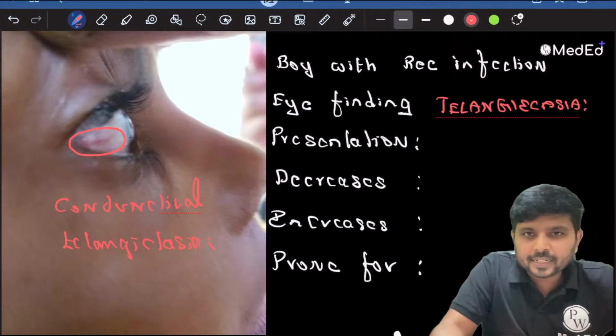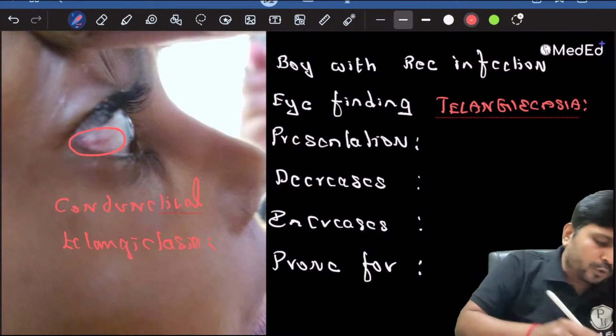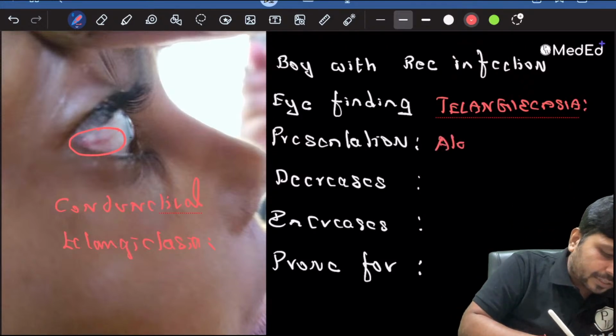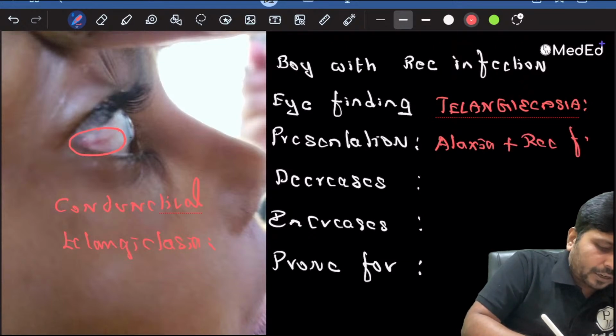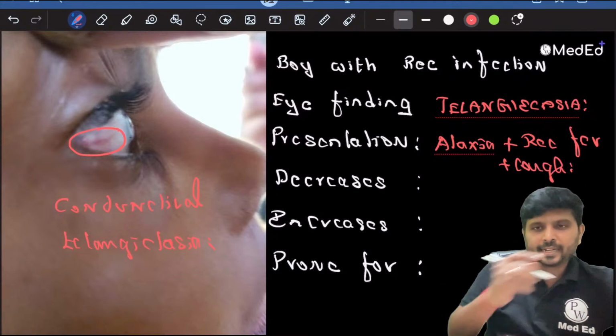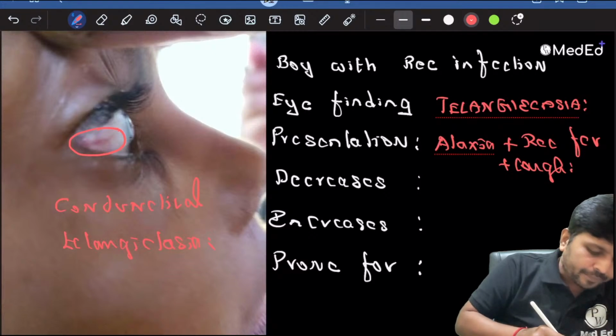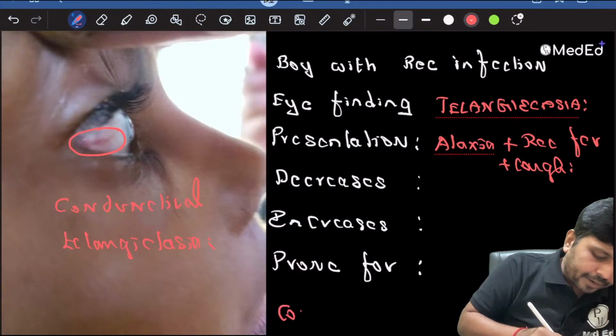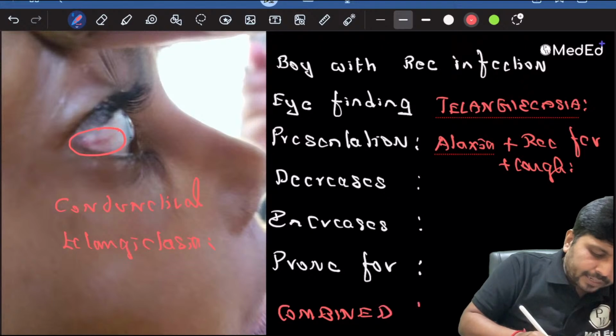Conjunctival telangiectasia. Presentation: usually they present with ataxia plus recurrent fever and cough due to bronchiectasis. Ataxia telangiectasia comes under combined immunodeficiency because both T cells and B cells are affected.